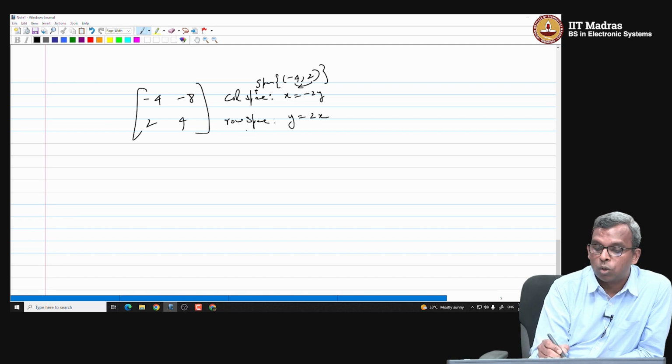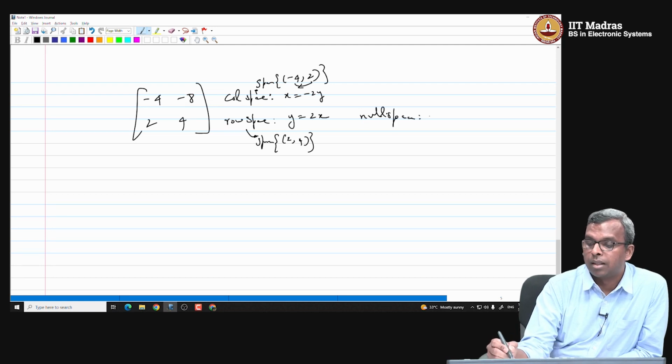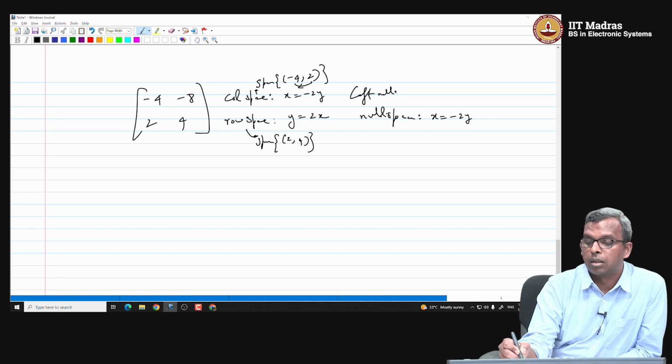Now, row space is the span of, let us say, 2, 4, and that is y equals 2x. Okay. I hope you see that. Null space we have seen before is the same as, right, x equals minus 2y. And the left null space, you can guess, will be y equals 2x.